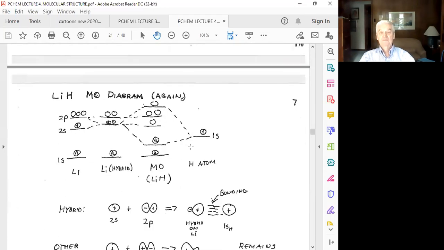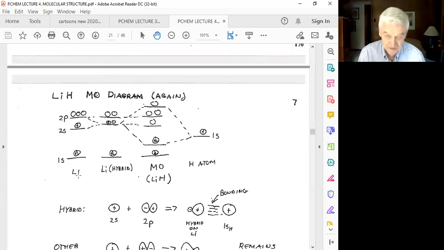We then talked quite a bit about lithium hydride, still a diatomic molecule, but it showed already that when you have more than one type of orbital on each atom that can bond, you can get combinations that organic chemists like to call hybrids. And I've contended that we really don't have to talk about hybrids.